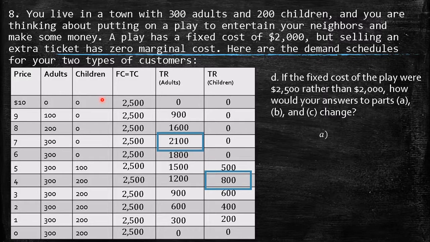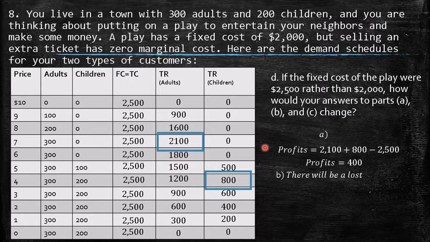Part A was when we discriminate. The total revenue will be exactly the same, 2,100 from the adult side and 800 from the children's side, minus the new total cost of 2,500. Then the profits will be 400, which definitely decreases because of the higher fixed cost.